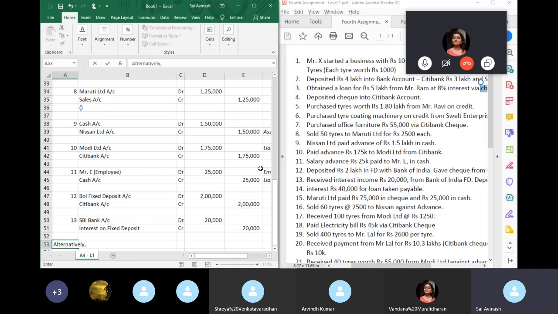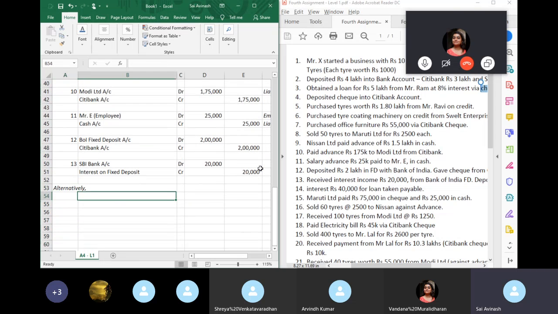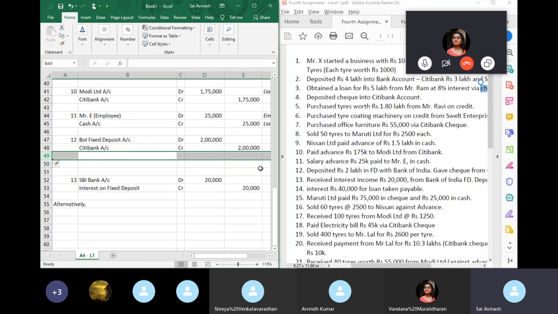Alternatively, if you go step by step, when you open the fixed deposit, you mentioned that the account where interest should be credited is Citibank. When you open the fixed deposit, they'll give you a form. They'll ask you how long you want it to be, what interest rate, a bunch of questions, and they'll ask how should I give you the interest?